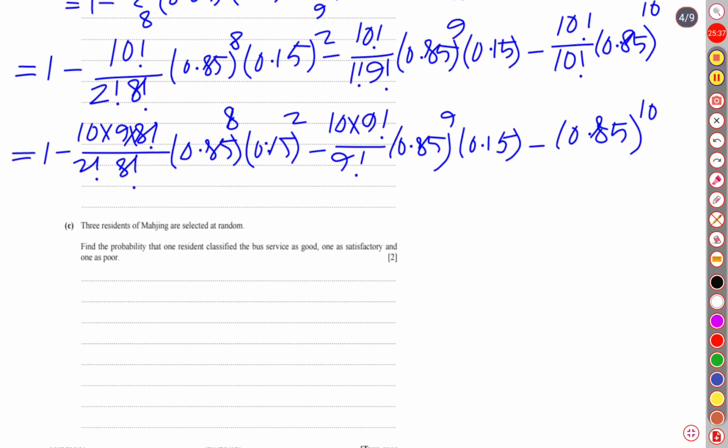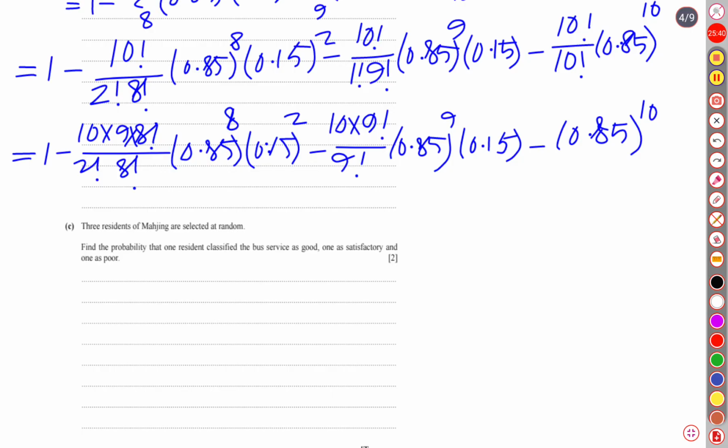Well, after that, what is it going to be? 1 minus, if we dissolve this, 2 factorial means actually 2.